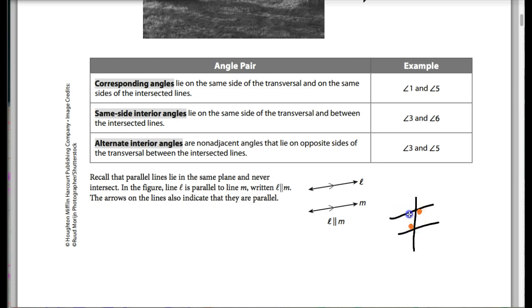Both on the inside, but on the alternate side of the transversal. So these would be alternate interior angles, okay? And what did I say about them again? They measure the same. So the green and the green would be the same. The orange and the orange would be the same. Okay? That's all you need.